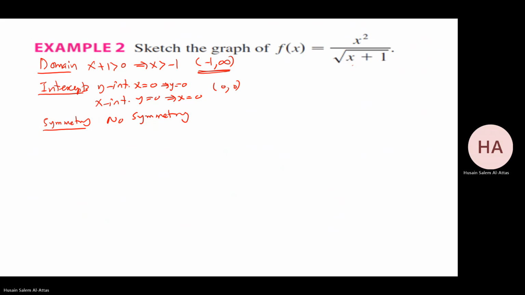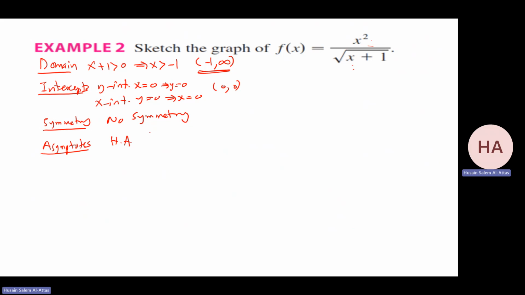Asymptotes. Horizontal asymptote, I don't have a horizontal asymptote, since the degree of the numerator is more. And it's not by 1 either, because the numerator is degree 2 and the denominator is degree one half, so the difference is not 1.